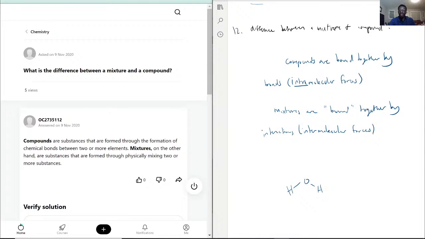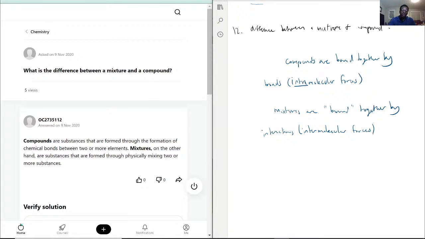This is all that's there when you talk about the compound water, H2O. Even if you have multiple H2O, like a glass of water, that's still just known as a compound, because you're not throwing in any other type of element or molecule that would be interacting with it instead of bonded to it.